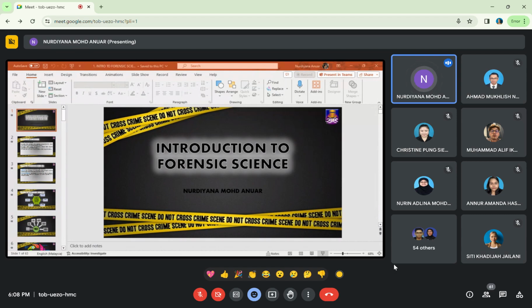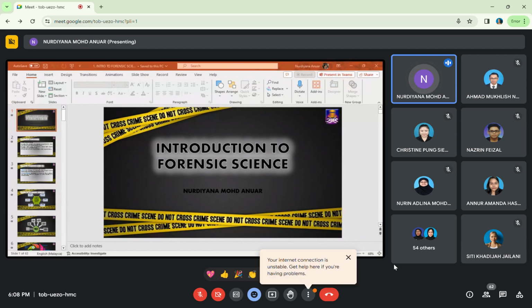For example, the DNA belongs to the suspect. Is there any possibility that the results may be wrong, or that other people might have the same DNA profile? They are going to debate that in public. So that's the meaning of forensic actually.